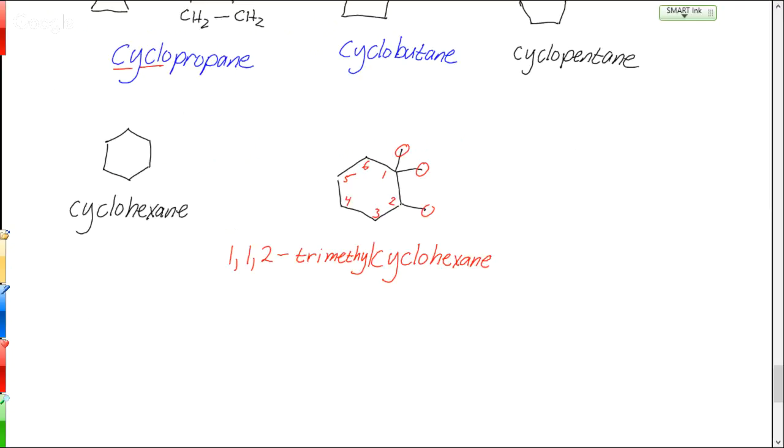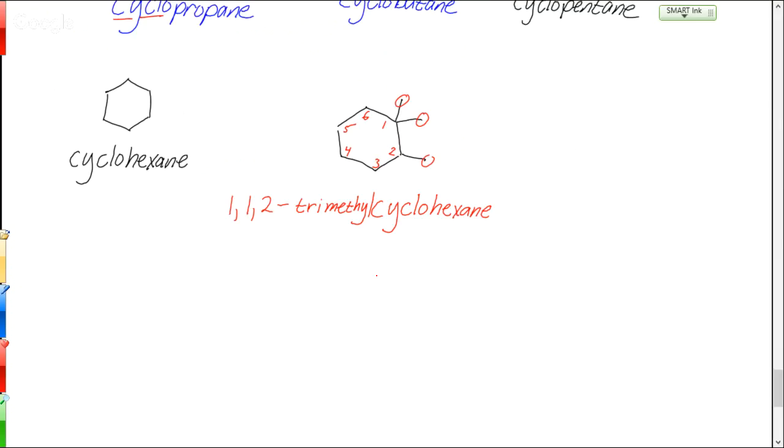And the other thing is that the main chain, the carbons that we use for our main part of our name, are only the ones inside the ring. Let me show you what that means. So if you have something like this, you can't go 1, 2, 3, 4, 5, 6, 7, 8, 9. That doesn't work.